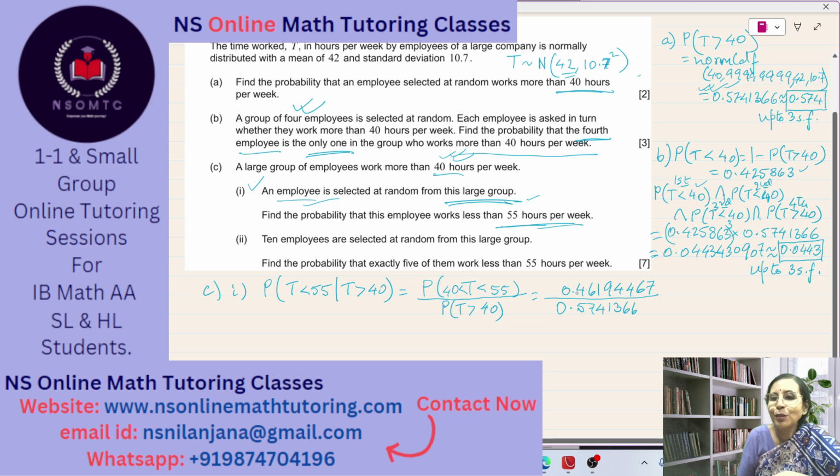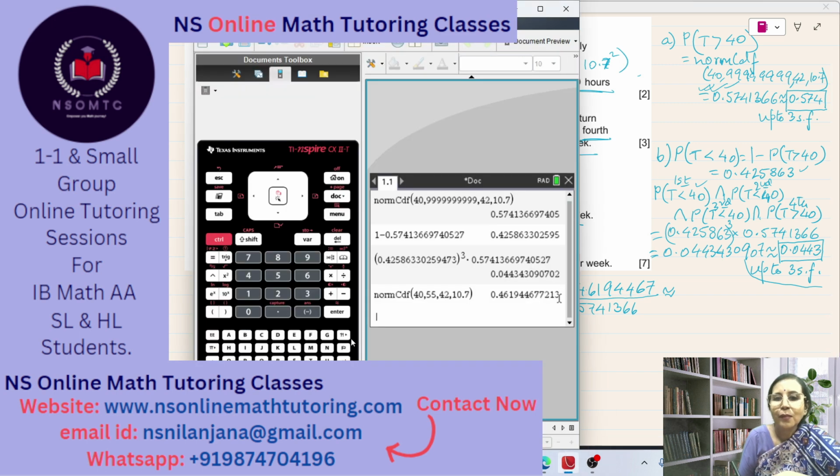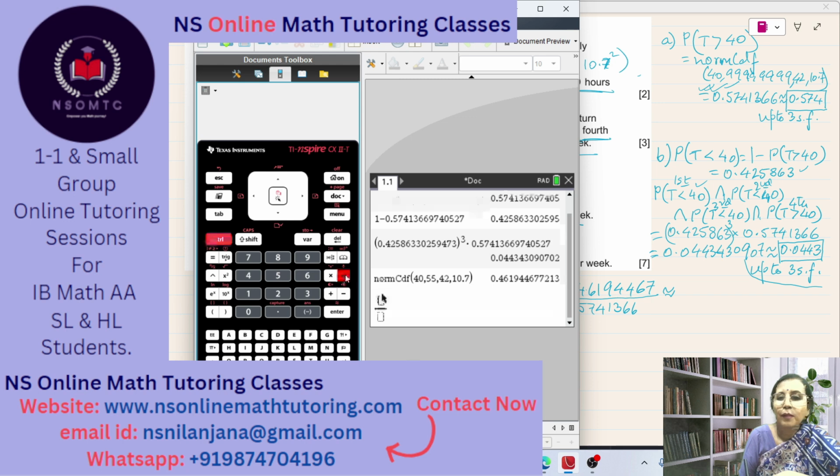Fine. So this should be approximately equal to what? The numerator is the answer, and the denominator is this one.